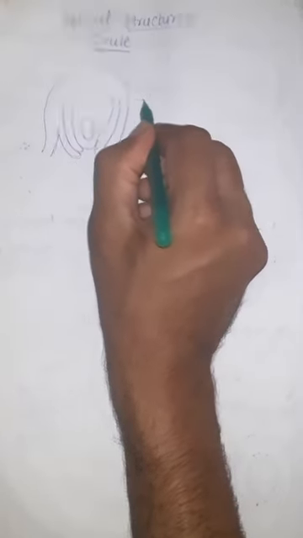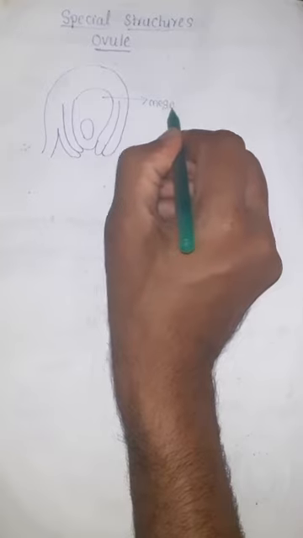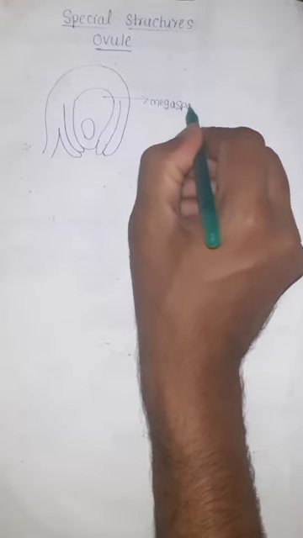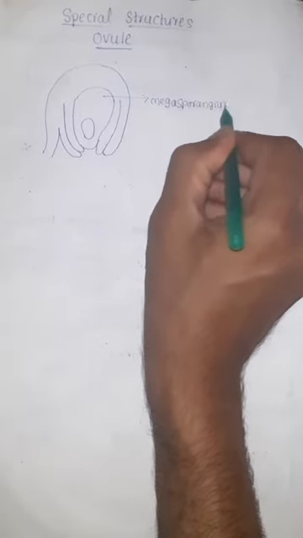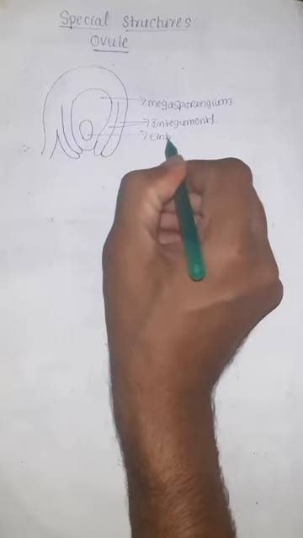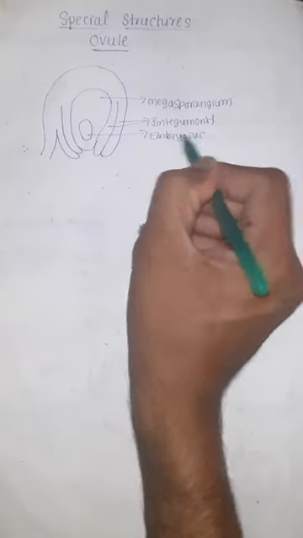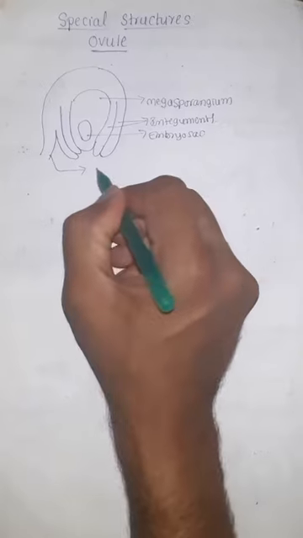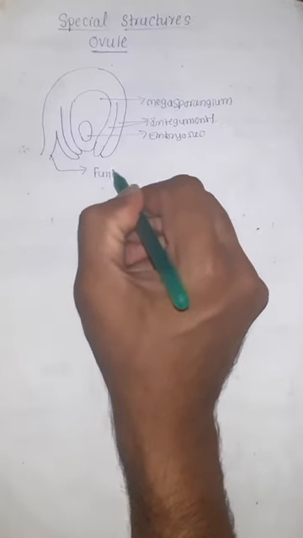This core tissue is called megasporangium. These two are integuments. This is embryo sac. This stalk is called funicle.